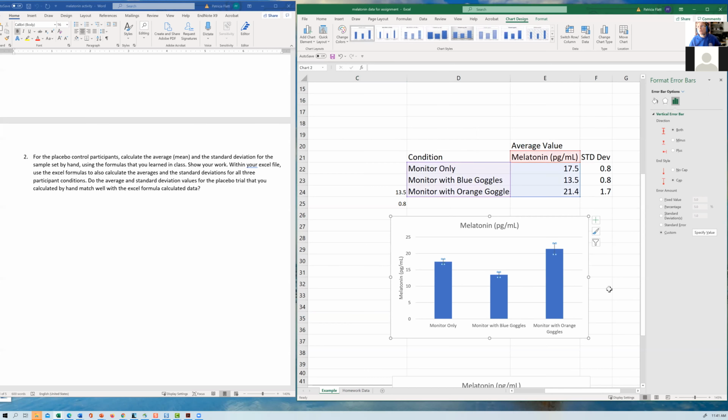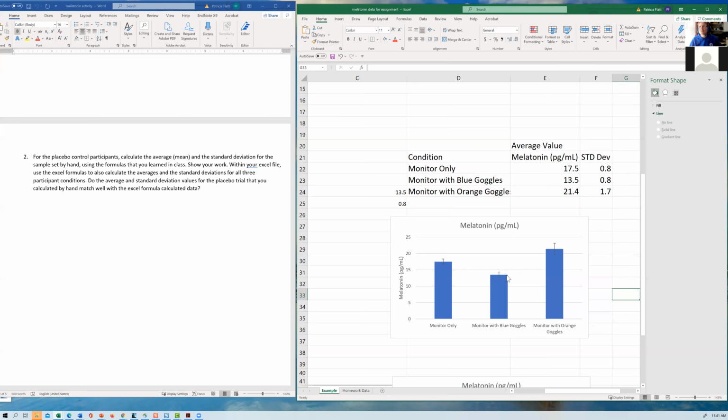And so now I've put in my error bars using my standard deviations that I calculated. You can check your graph to make sure that you got your error bars in there correctly. You can see both of these are at 0.8, so they look the same. That looks good. This one is 1.7 and it's wider, and it looks wider on my graph too. So my error bars are now in there.